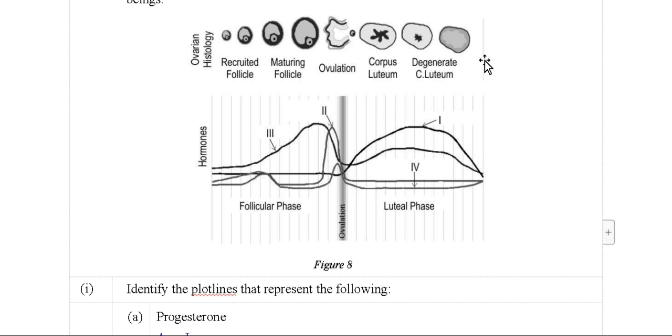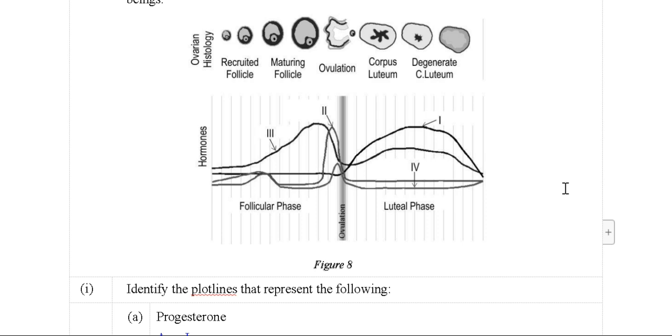At the hormones level, different hormone levels fluctuate in different phases of the menstrual cycle. In the middle is ovulation, where the egg is released from the mature Graafian follicle after its bursting. So this diagram illustrates the menstrual cycle in a human.